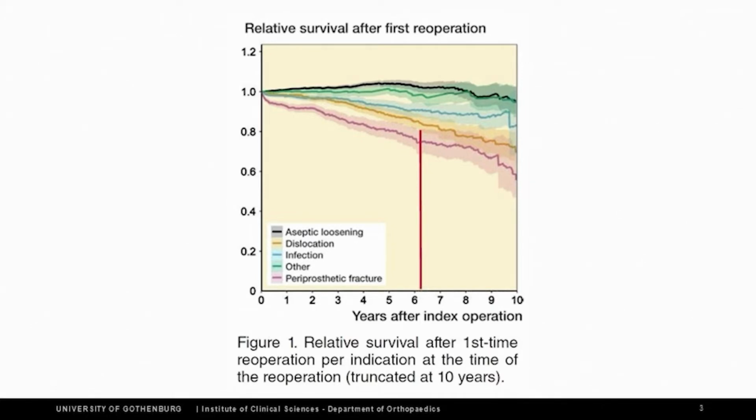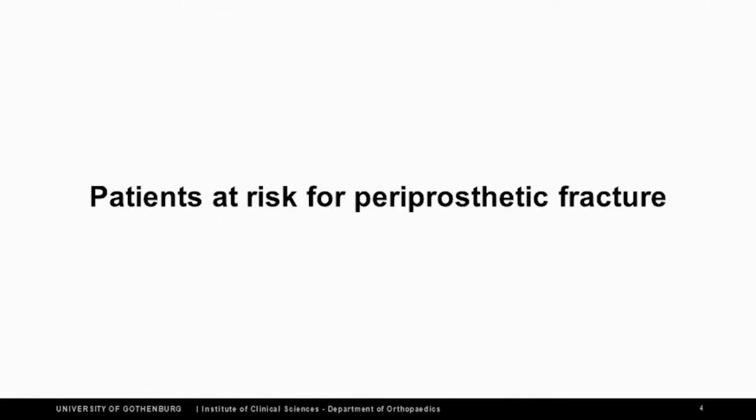So the prevention of periprosthetic fractures may not only improve quality of life, but in some cases lengthen someone's life. Therefore, it is very important to study which patients have a higher risk for periprosthetic fracture.